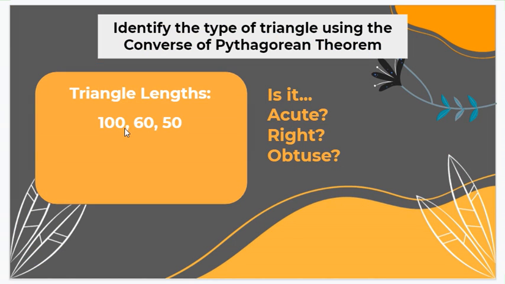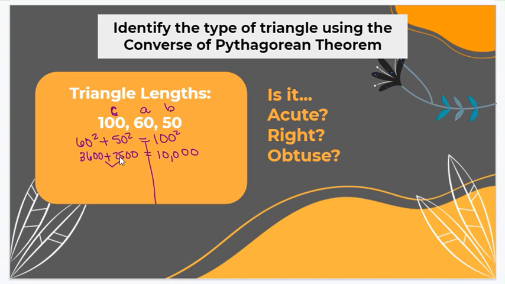All right, tell what type of triangle it is. So is it a right triangle, an acute triangle, or an obtuse? We need to plug it in and see what happens. 100 is the longest side, so label that as your C, and the other 2 are going to be your A and B. Doesn't matter which one's which. So we're going to use 60 squared plus 50 squared, and we want to see if that equals 100 squared. 60 squared would be 3,600, 50 squared would be 2,500, and 100 squared would be 10,000.